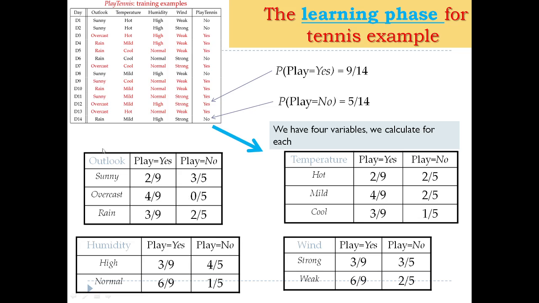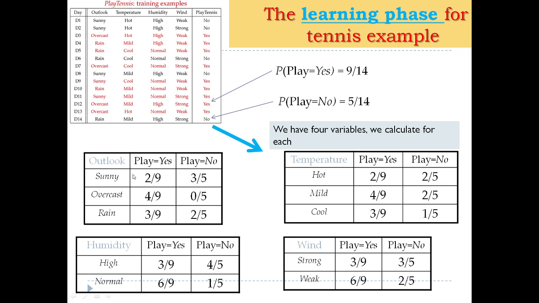Then we take each training instance, and for each attribute in that instance we calculate a probability: if the attribute value belongs to class yes, what is the probability, and if it belongs to class no, what is the probability.